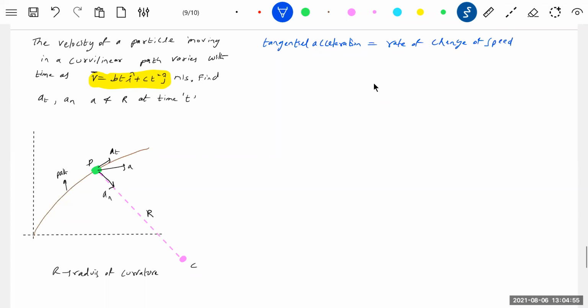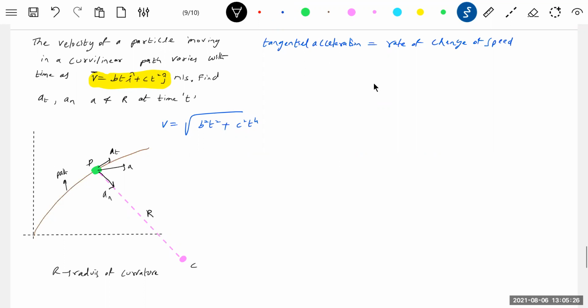We have velocity. Can we calculate the speed? The speed is root of b square t square plus c square t to the power of 4. Okay, the speed is being asked, so we'll calculate the speed.